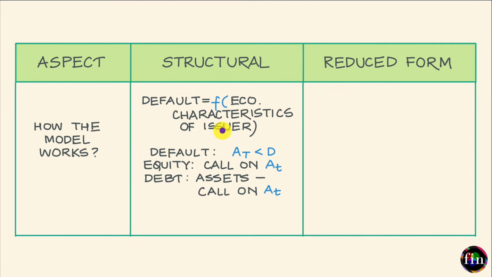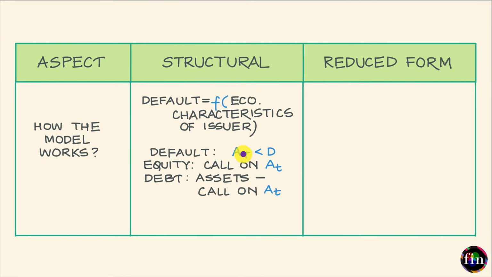If I were to talk about the simplest structural model, which is Merton's model, in this model, first of all, we assume that the liabilities of the firm are actually quite simple. Debt is just zero coupon debt with face value D and maturity capital T. Default condition is simply defined as the event wherein the level of the assets as of this time T, which is the maturity of these zero coupon bonds, is less than the face value of the zero coupon bonds.